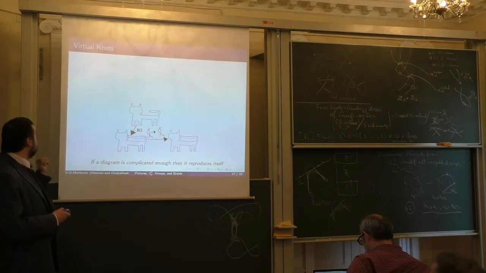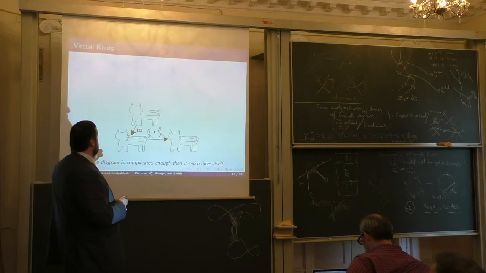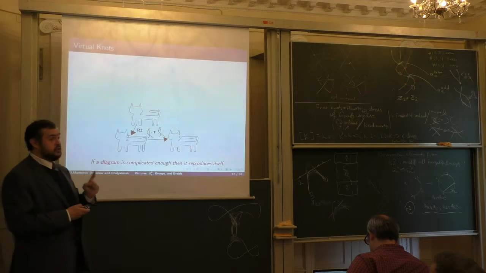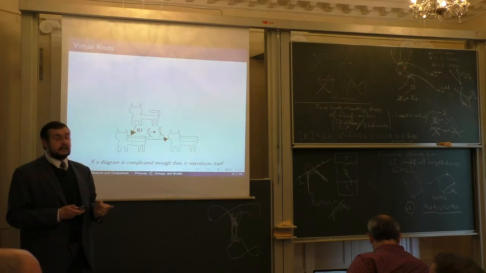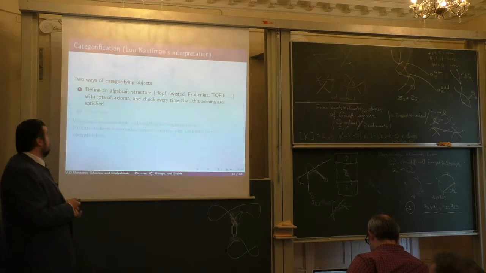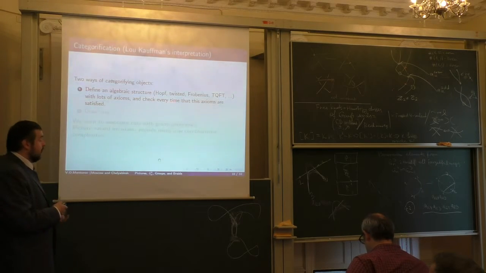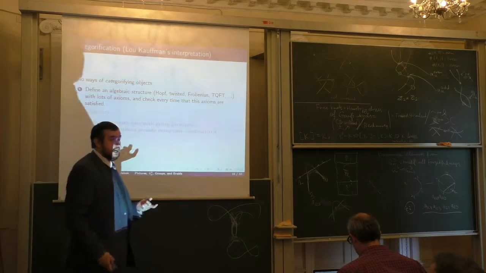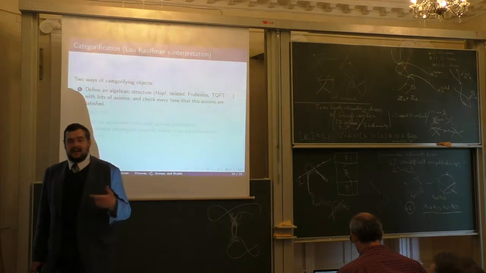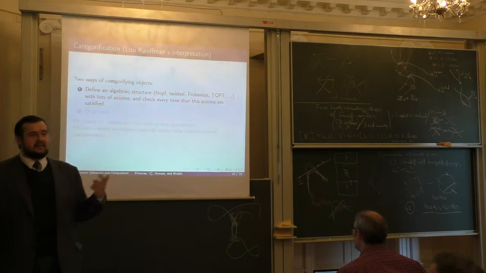And now I want to say a couple of words about categorification. What do we usually do to categorify some object, some polynomial? Instead of numbers, we want to get linear spaces, or maybe something more elaborate, linear spaces with some action or something else.